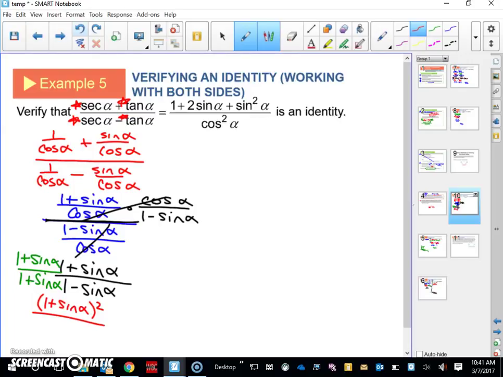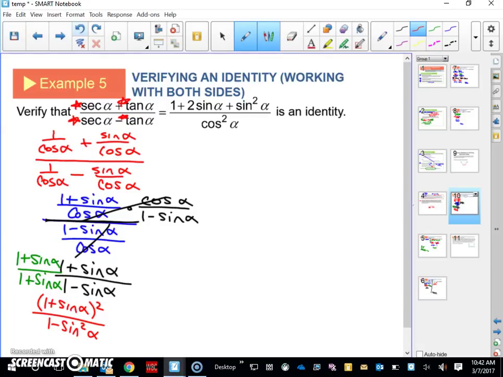So 1 plus sine alpha times itself. And on the bottom, we have 1 plus sine alpha times 1 minus sine alpha is 1 minus sine squared alpha. It really, really helps to know your algebra here for some shortcuts. If you don't know algebra, you're going to have to FOIL this stuff out. And I don't think anybody wants to do that.